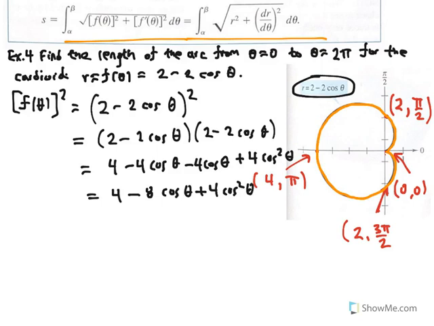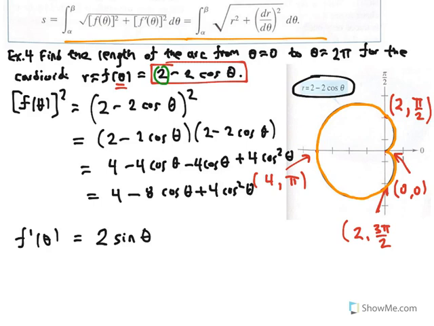Now you need to find f prime of theta. So f prime of theta is going to be the derivative with respect to theta of your polar equation. So the derivative of the constant term is 0, and the derivative of cosine is negative sine, so you have minus negative, which would be positive, so you're going to have 2 sine theta for f prime of theta, and then you have to square it.